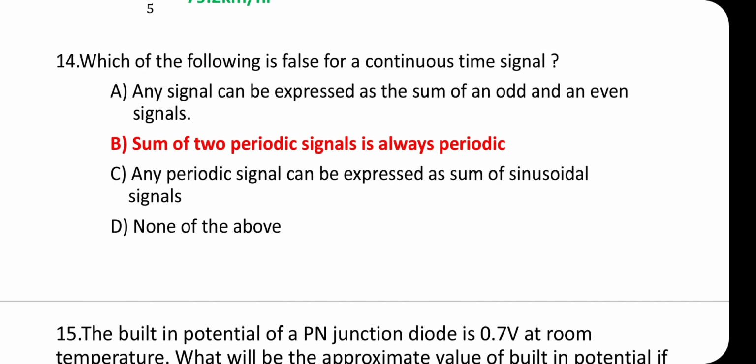Suppose that x of t is periodic with fundamental period p and g of t is periodic with fundamental period q, then x of t plus g of t will be periodic with a period r if p and q have a common multiple r. So that statement is false. Fourier series states that any periodic signal x of t can be expressed as the sum of sinusoidal signals. Therefore, options A and C are true statements for a continuous time signal.